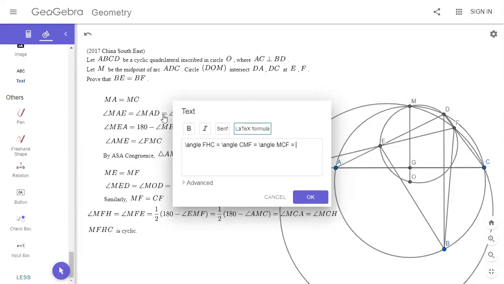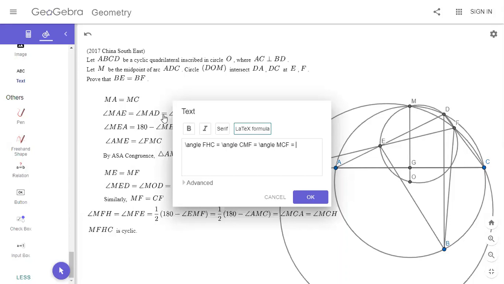He says FHC is equal to CMF is equal to MAD. Why is CMF equal to MAD? I'm trying to understand that.